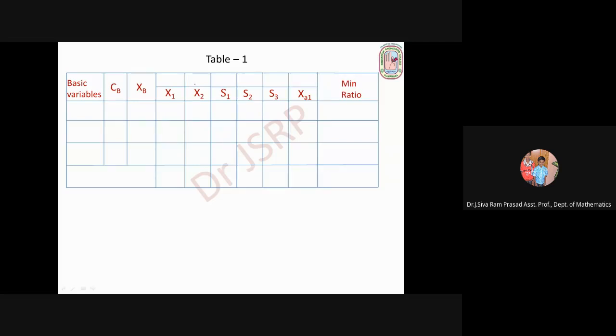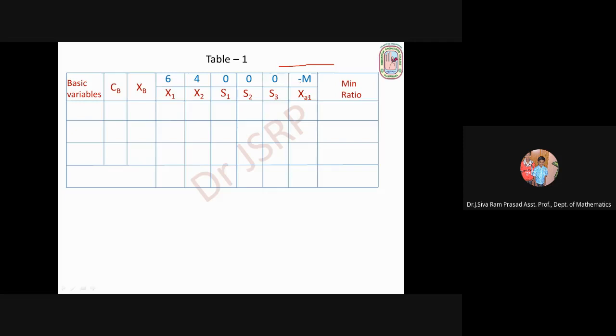Here we write the cost of the variables, which is from the objective function, 6x1 plus 4x2. So x1 cost is 6, and x2 cost is 4. S1, S2, S3 are slack and surplus variables, so their cost is 0, 0, 0.